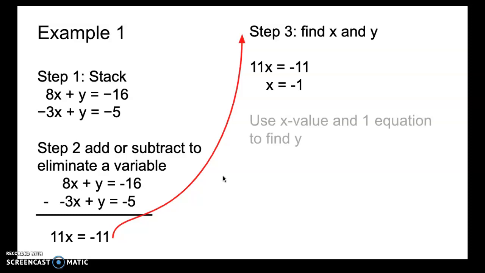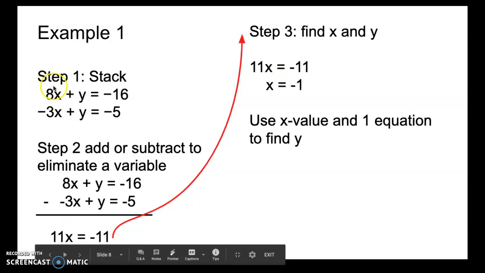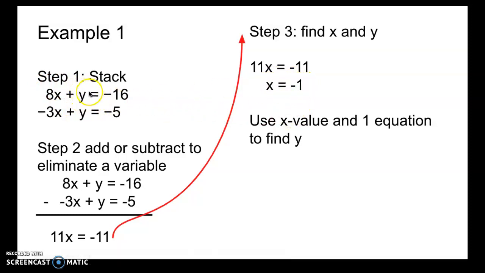To find y, you're going to use one of these equations, plug in our x value, and then solve for y. I'm going to use the top one. It doesn't matter which equation you use, you should get the same value. So I'm going to plug in negative 1 for x. So 8 times negative 1 plus y equals negative 16.